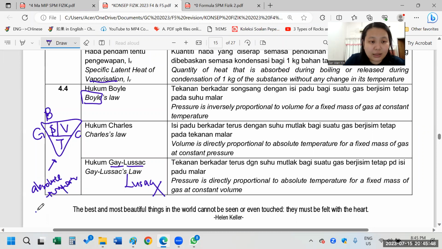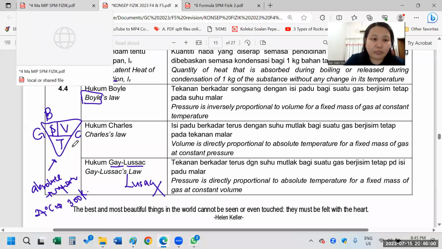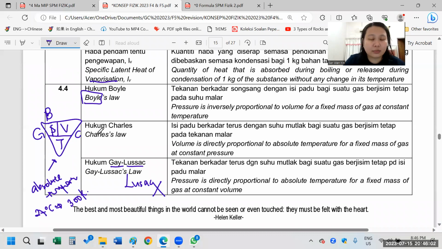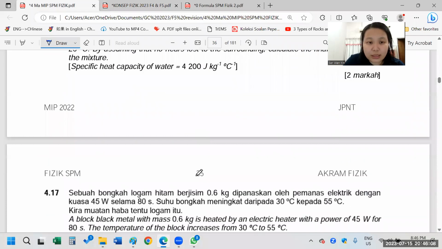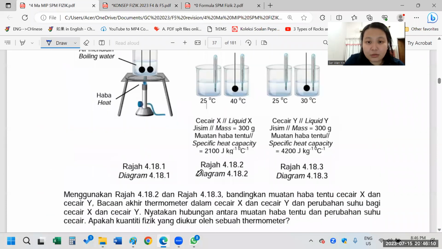Means, let's say 27 degrees Celsius, please change to 300 Kelvin, right? This one, this T. Many people forget after 1 year. So this one you try.